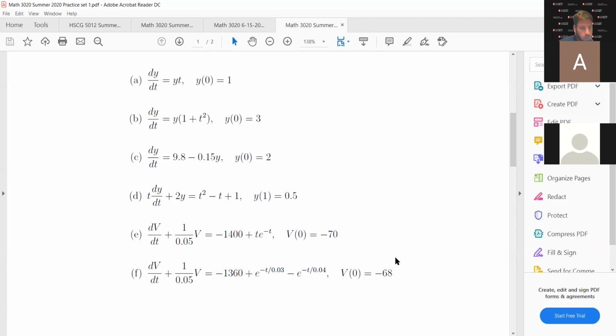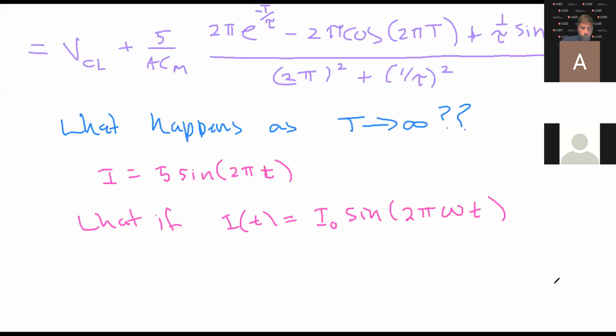On homework 1, without me telling you that's what you did, you solved them.